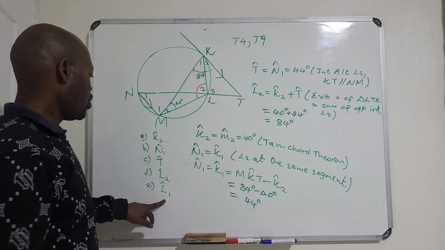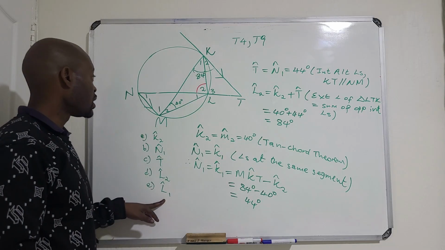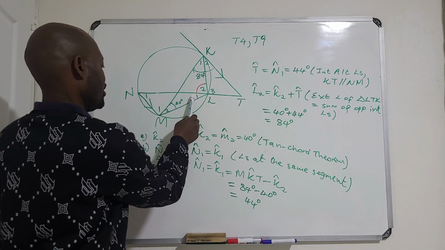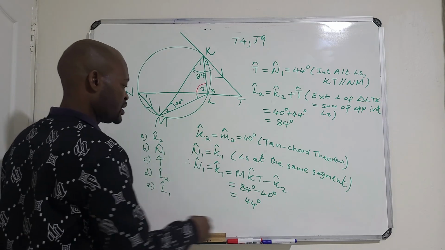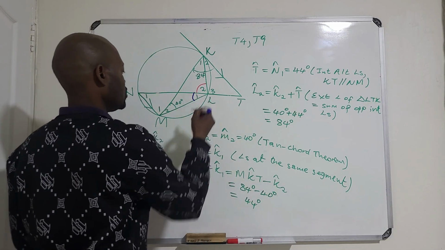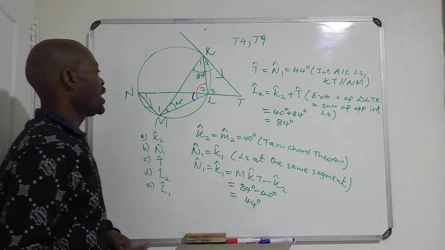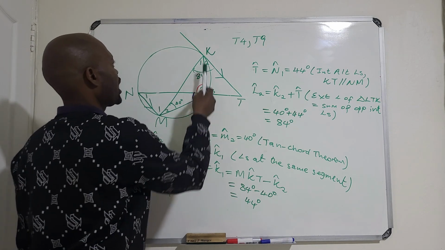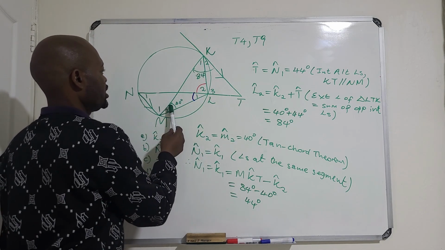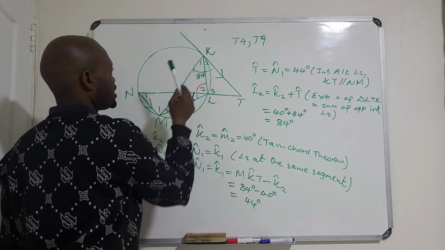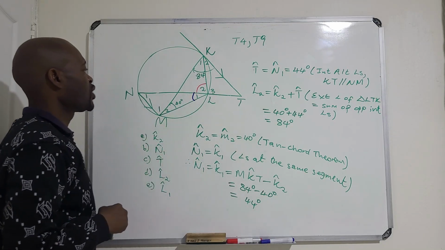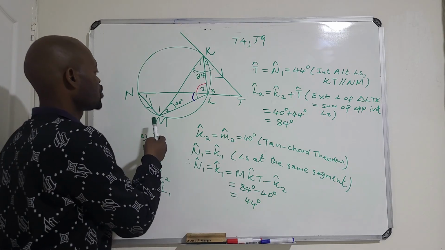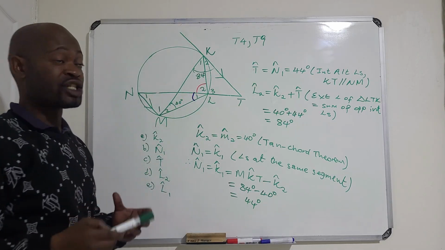Right, now, we are also told to find L1. And L1 is this angle there, which I'm going to highlight in blue. We can find L1 using triangle MLK, because if I add this, plus this, plus this, plus that, which is K1, I'm going to get 180 degrees, the sum of angles in a triangle, because we were told that triangle MLK is drawn.